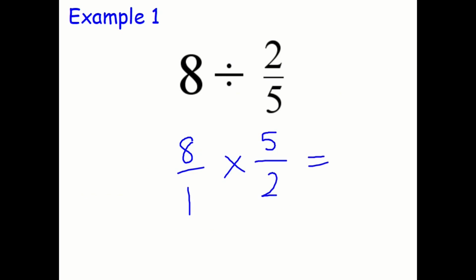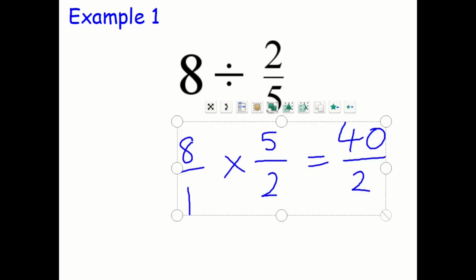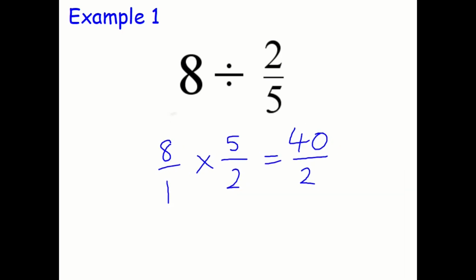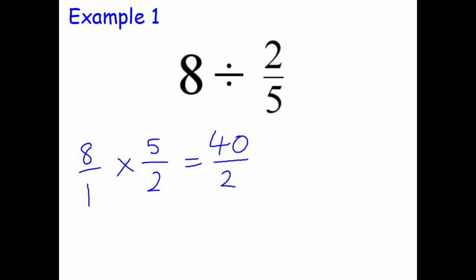Keep, swap, flip. When we're multiplying fractions, you just multiply across the top. 8 times 5 is 40. And multiply across the bottom. 1 times 2 is 2. Then 40 over 2 just means 40 divided by 2, and 40 divided by 2 is 20. So 20 is your final answer.